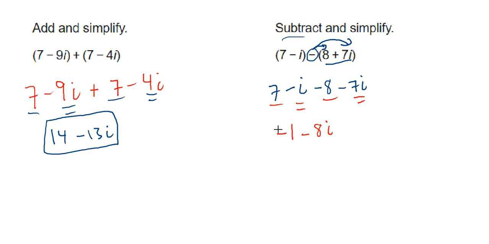I treat i just like a variable. And you want to keep it in this order. So MathXL, I think, might be kind of picky about the answer having to be in the form a plus bi. The real part goes first, the imaginary part goes second. The real part here is negative 1. The imaginary part is negative 8i. All right, so you subtract two complex numbers, you get another complex number.